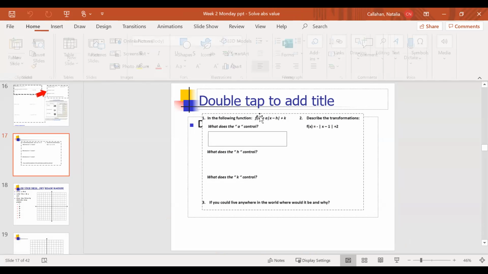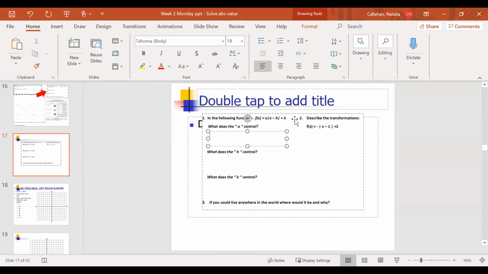So the following is the equation: A absolute value of x minus h plus k. We're going to start off with A. What does A control? A tells you if the graph is compressed, which means that it's skinnier, or wider.